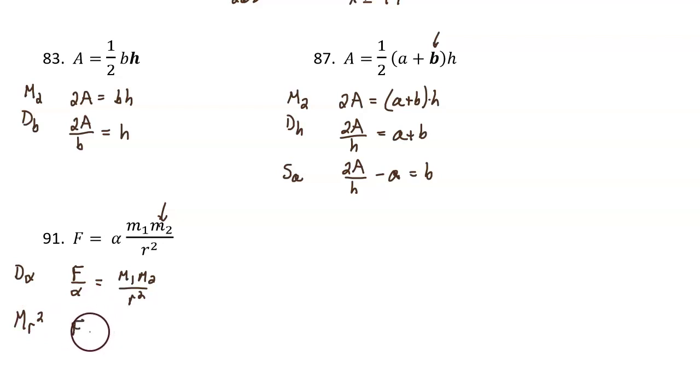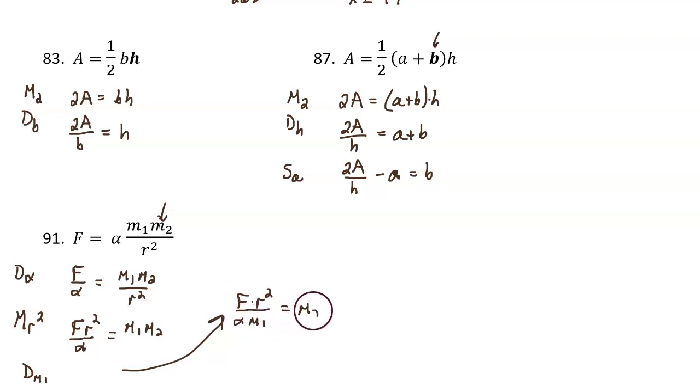So we get f r squared over alpha, and that's equal to m1 times m2. In the next step, we can divide by mass number 1. So we have f times r squared over alpha and m1, and that's equal to m2.